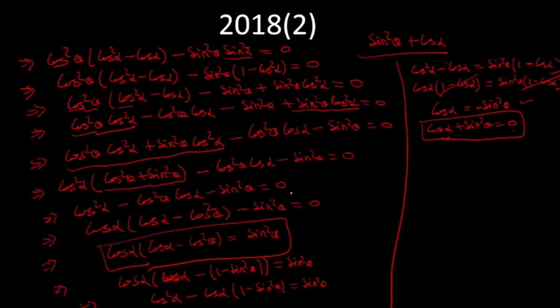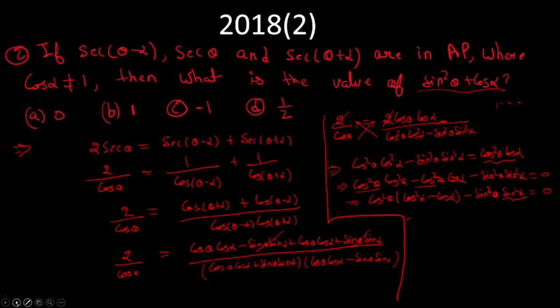Okay, cos alpha, minus. Yeah, I didn't find any mistake here, but we did make a mistake. So its answer is A. Yeah, we made some minus mistake.